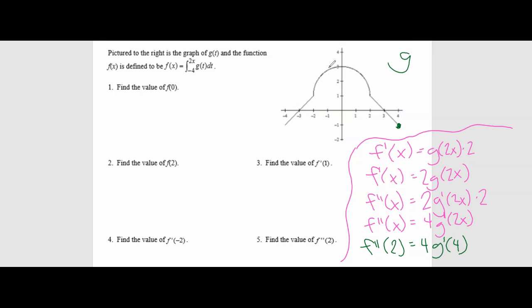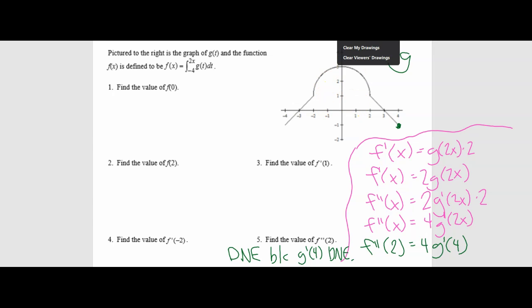So the function is not continuous there, which means the derivative does not exist there. And if g prime of 4 does not exist, then I cannot evaluate f double prime of 2. So does not exist because g prime of 4 does not exist.